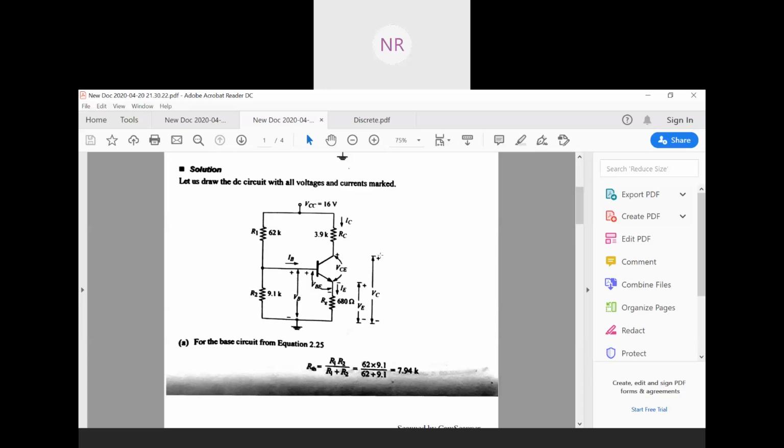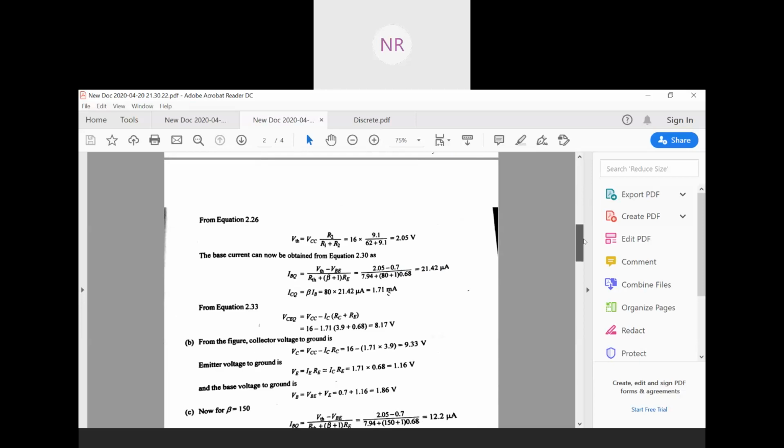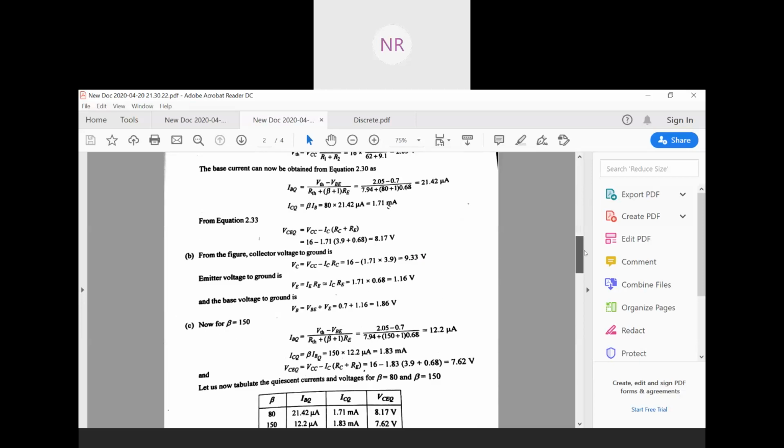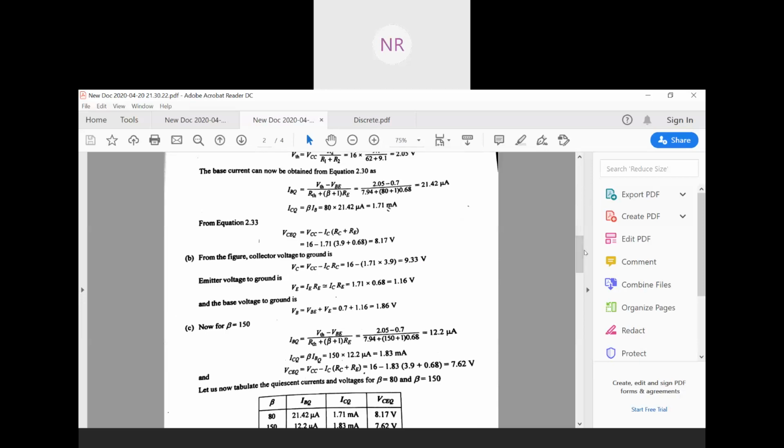We need to calculate VC now, which is nothing but VCC minus ICRC. IC I know, RC I know, VCC I know, so you can easily calculate VC. Similarly, VE is nothing but IE into RE, because I directly know the IE and RE values. Substitute them and you will get it. Next is the base voltage, VB.